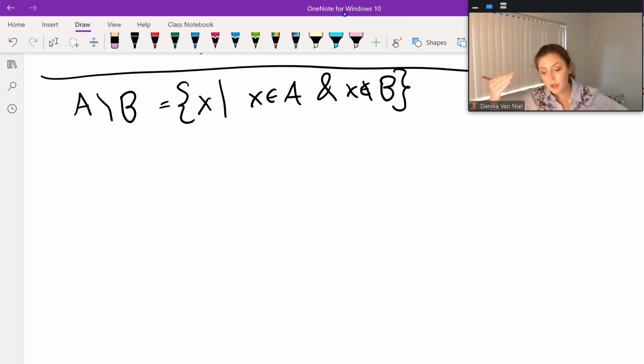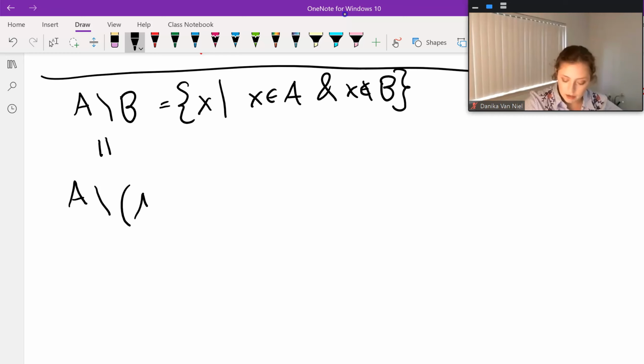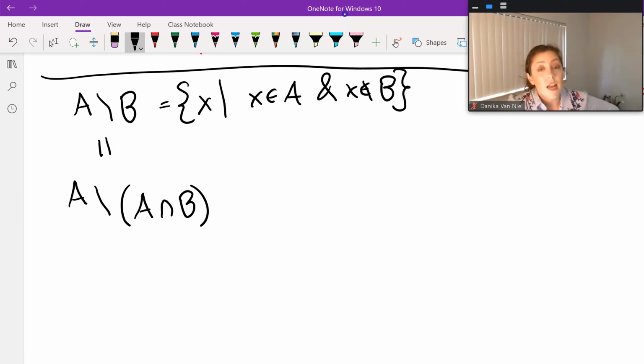So what's a way that we can restrict B to only elements that are in B and in A? The intersection. Okay, so this is actually equal to A minus (A intersect B). Not B equals A intersect B, that is not necessarily true.